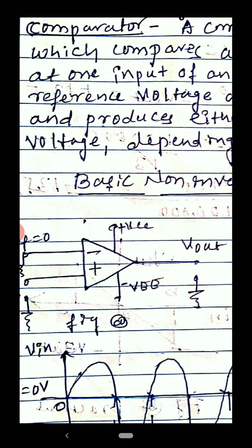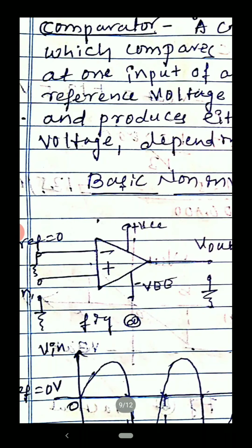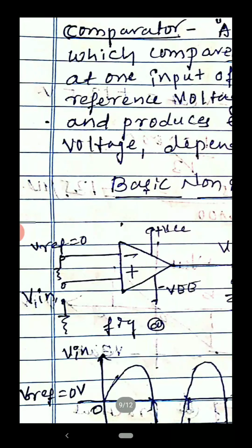For one input you have given reference voltage V reference equal to 0, and for the positive terminal you have given input voltage V input. As you have given your input to the positive terminal, it has become a non-inverting comparator. If you give your input to the negative terminal, it will become an inverting comparator.